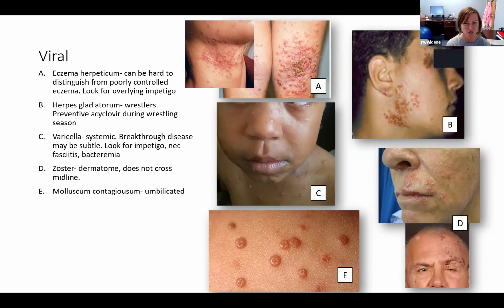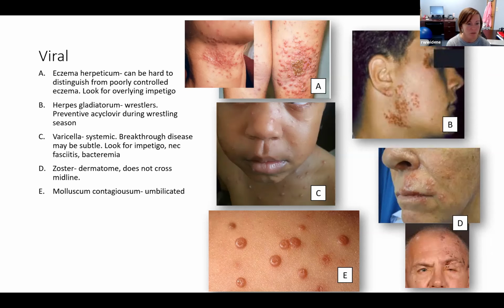So you get these crusted, ulcerative lesions. I've hardly ever seen vesicular with eczema herpeticum, but you can have vesicular with herpes. It's painful, definitely. You can get a superinfection on top of that, so you can get impetigo on top of it. So if you see this kind of nasty thing and you've got a history of eczema, think about eczema herpeticum.